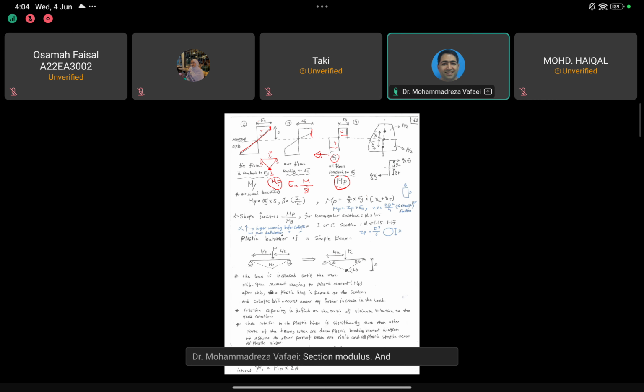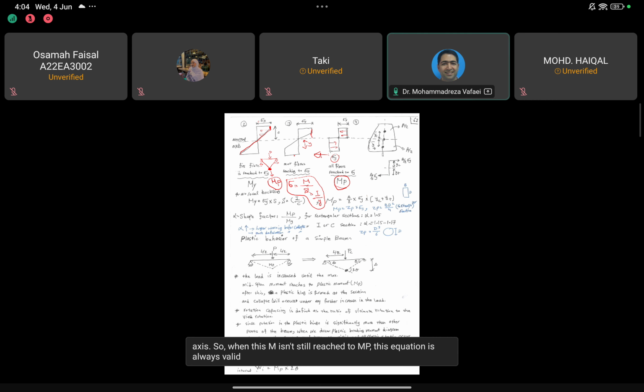And this section modulus is defined as moment of inertia divided by y, which is the distance of the fiber to the neutral axis. So when M hasn't yet reached Mp, this equation is always valid, and you can always relate the bending moment to the stress and to the section modulus.